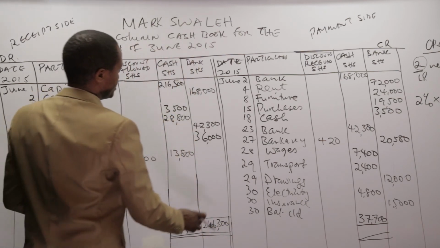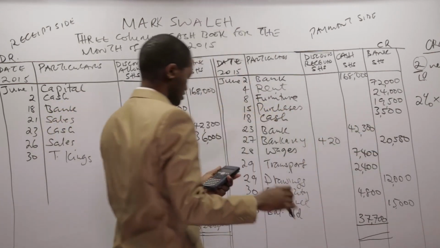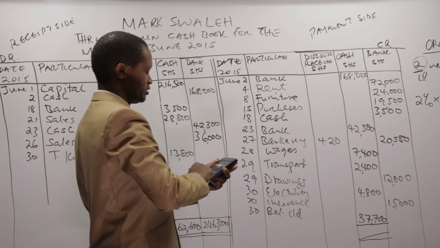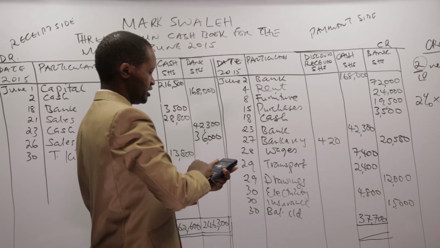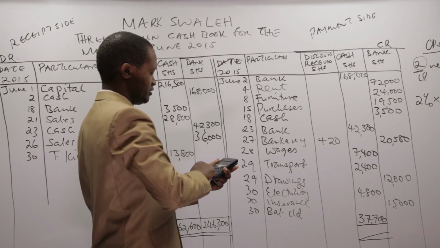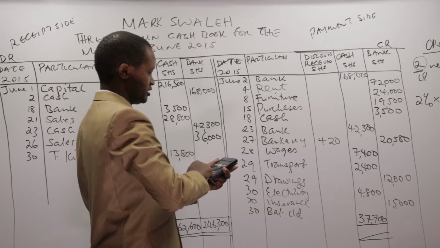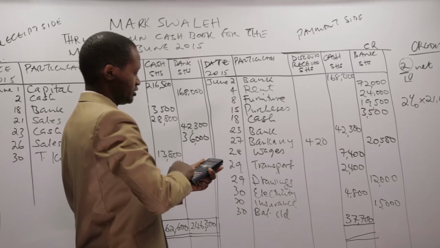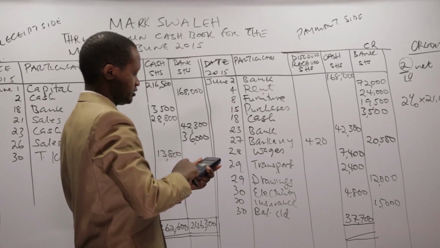Then out of this money that was received in the bank, we deduct money that was paid through the bank. So deduct 72,000 minus 24,000 minus 19,500 minus 3,500 minus 20,580 minus 12,000 minus 15,000.